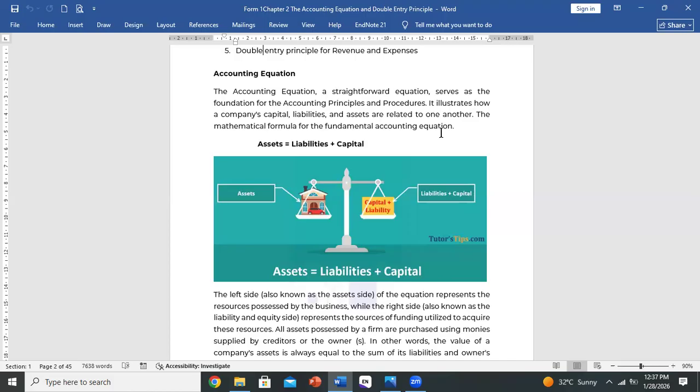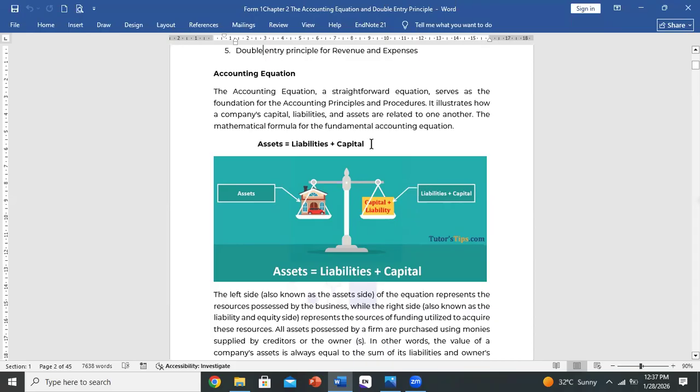So if we take a business like MTN, MTN also has resources, which we call assets. And that includes the building, the land, the vehicles, all the resources they have. The question is, where did they get those resources? Where did MTN get it from? The answer will be that MTN got it from the owners of MTN. And that's the capital or the equity.